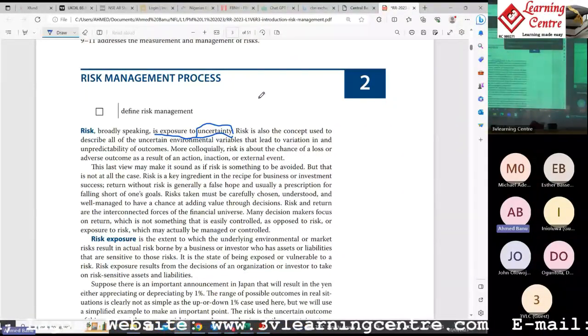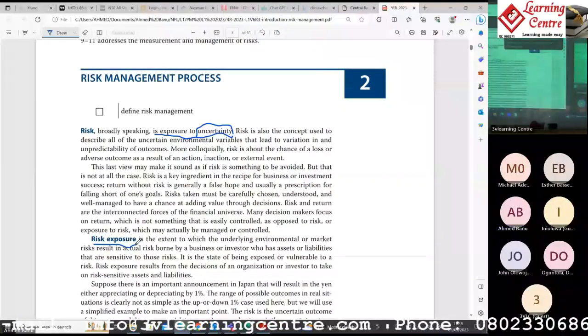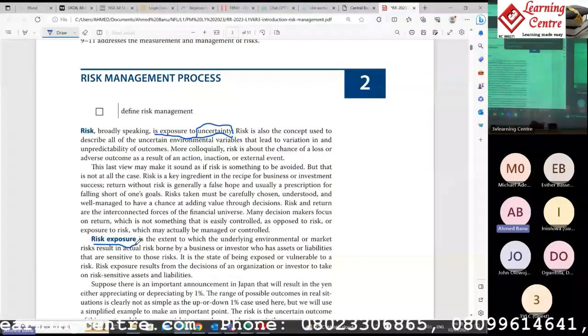Now, what is risk exposure? Risk exposure is when you have opened yourself up to that uncertainty, such that if anything happens, how are you going to be impacted? That is your risk exposure. Let me say that again. Risk exposure is the fact that I have given up something to expose myself to that risk.